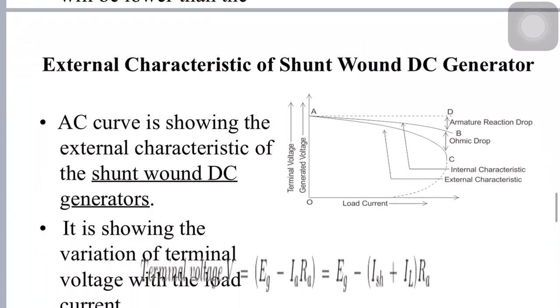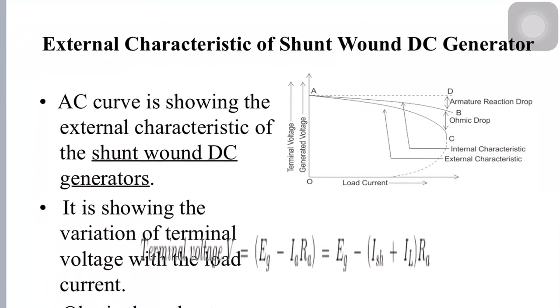And next one, external characteristics of shunt wound DC generator. External characteristics is the variation of terminal voltage with the load current. In this diagram, AC curve is showing the external characteristics of shunt wound DC generator.